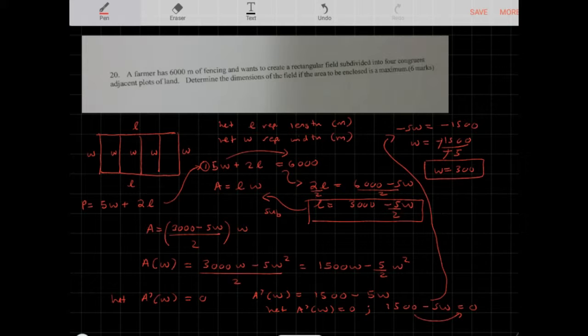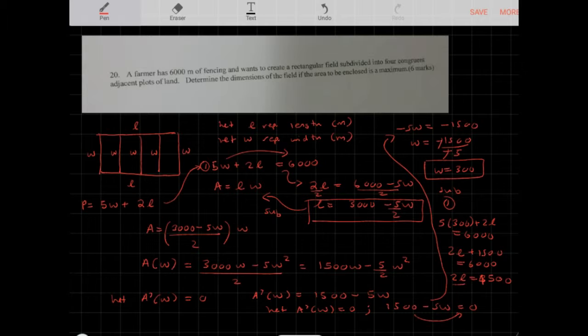Okay, so if W is equal to 300, that's our width. If you want to solve for our length, you can substitute this into equation 1, right? So if I substitute this into equation 1, then 5 times 300 plus 2L is equal to 6,000, right? 2L plus 1,500 is equal to 6,000. 2L is equal to 6,000 minus 1,500, which is basically, sorry, 4,500.